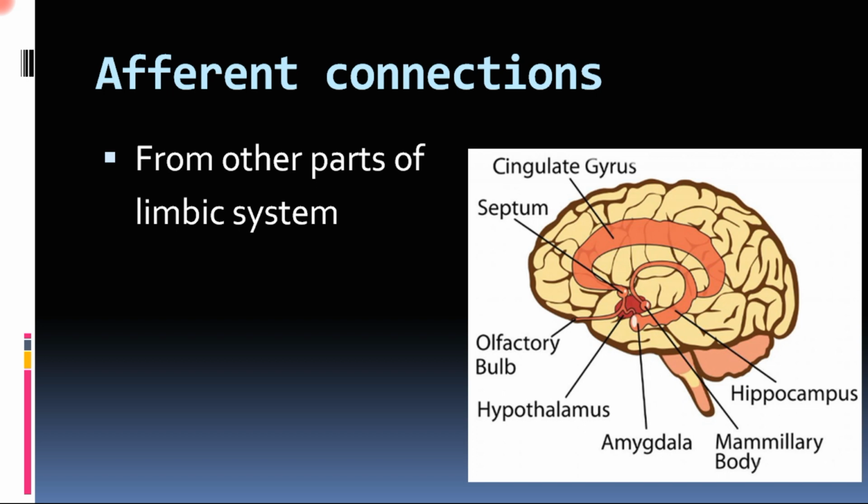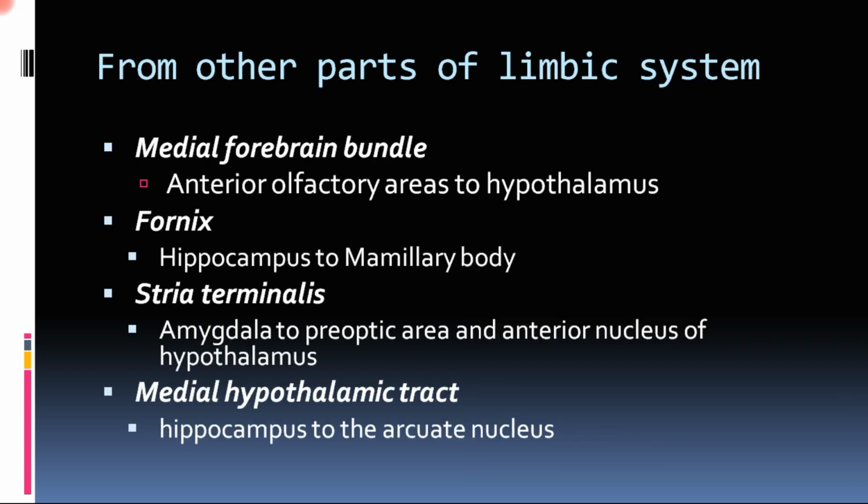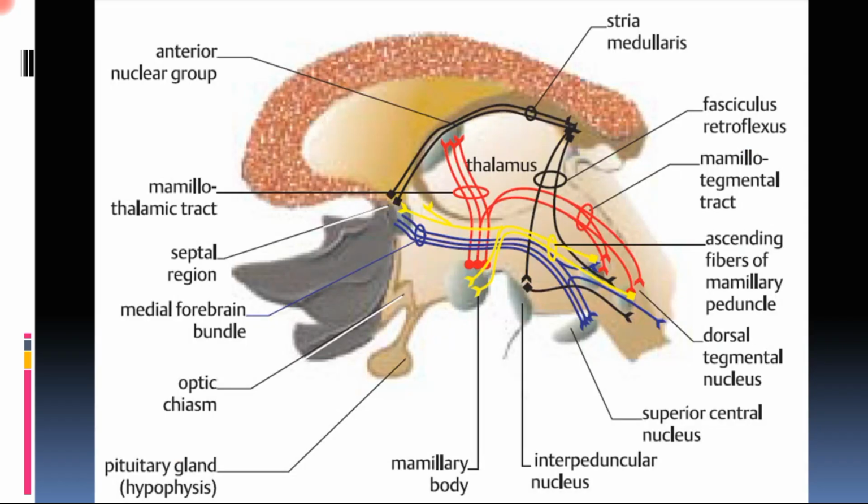So let us have a look at what bundles, or what connections, get input from the different areas of the limbic system. First is the medial forebrain bundle, which carries input from the anterior olfactory areas to the hypothalamus. As we can see in this diagram, this blue colored bundle is the medial forebrain bundle.